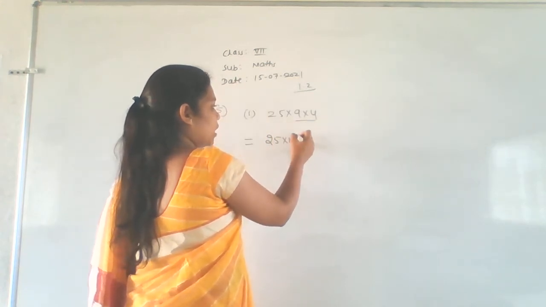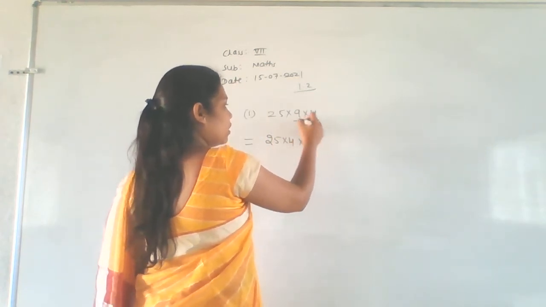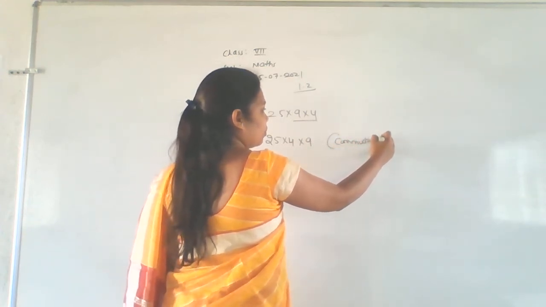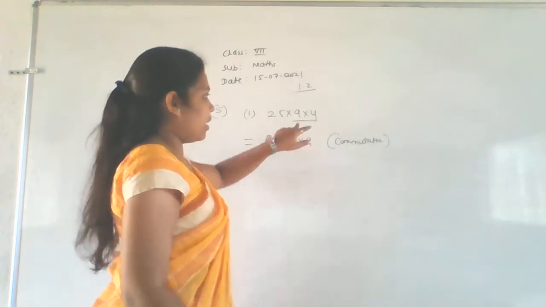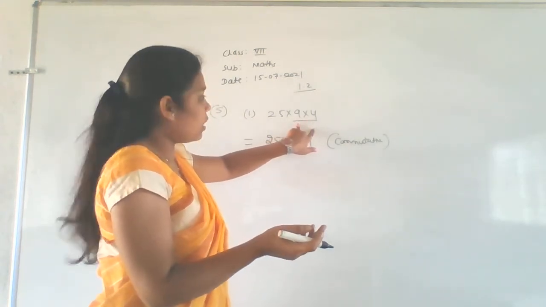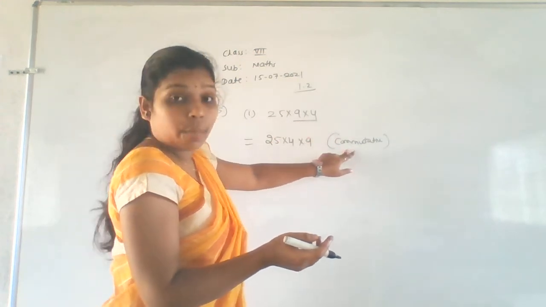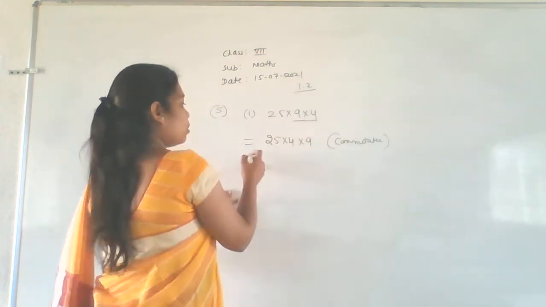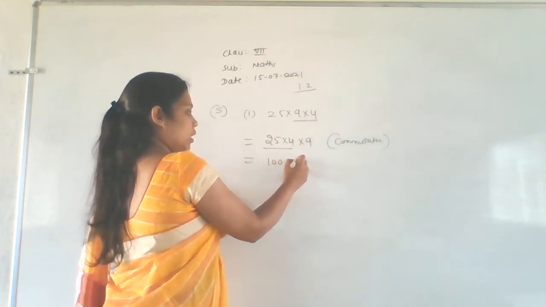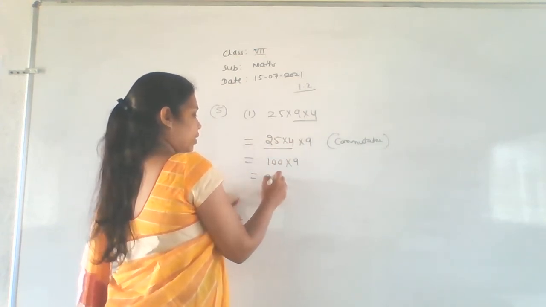I just exchanged these two numbers, okay? Which property did I use here? Commutative. Just exchange these numbers. 9 into 4 can be written as 4 into 9. So we used the commutative property here. Now multiply these two: 25 into 4 is 100, into 9 will be 900.